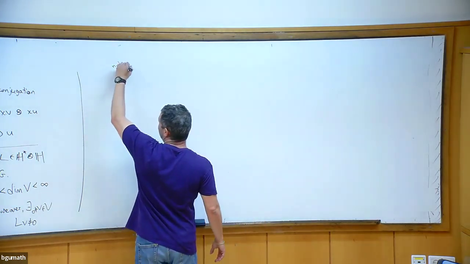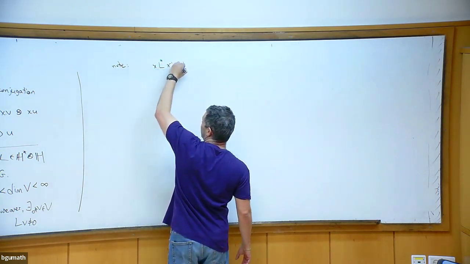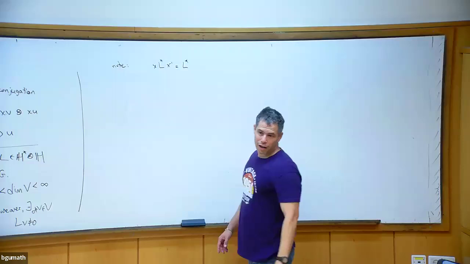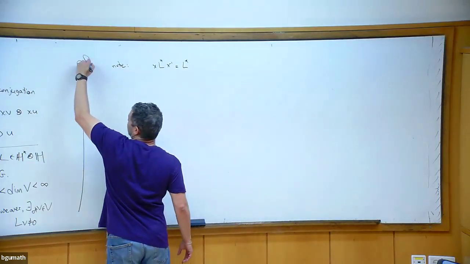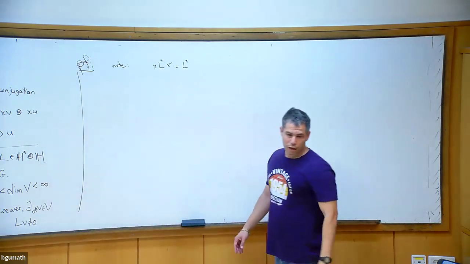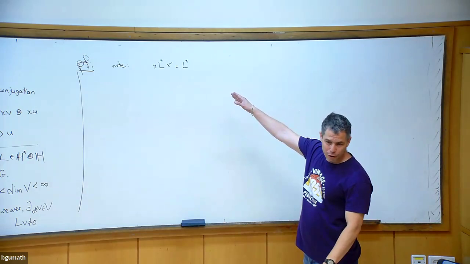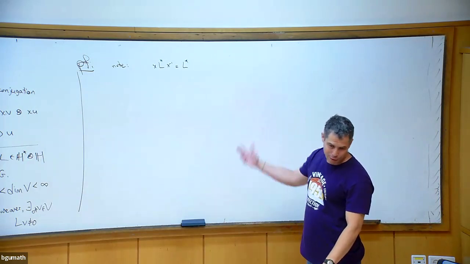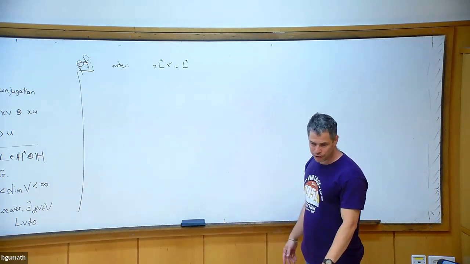I want you to know that X L star X minus 1 is L star. We are now in the proof of this theorem. Okay, so X L star X minus 1 is L star because this just reverses the order. So if L is a fixed point, L star is also a fixed point.